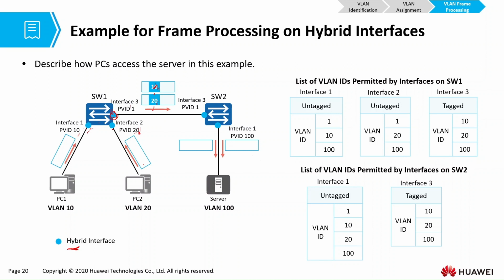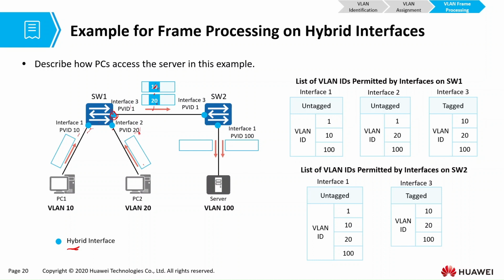On Switch 2, you make it PVID 1, but on interface 3, you allow 20 and 10 to pass through also. But when you reach interface 1, even though the PVID is 100, you still do the untag: remove the 10 and 20 tags and allow them to pass.